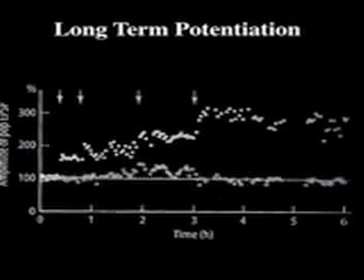And here we've got an amplitude of an excitatory postsynaptic potential in control animals compared to animals which are given a number of conditioning stimuli.